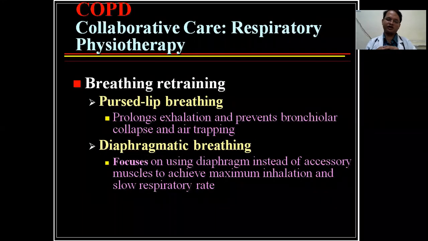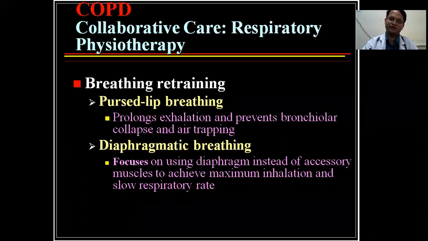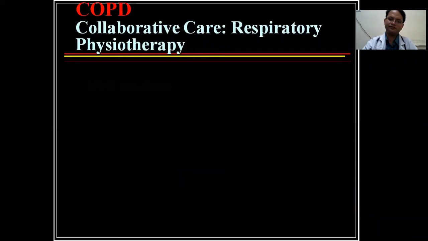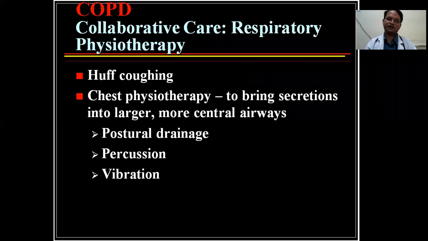Respiratory physiotherapy is of importance in these patients. Breathing retraining using pursed-lip breathing and diaphragmatic breathing, these two methods are important. Huff coughing and chest physiotherapy are used to bring the secretions into the larger and more central airways so that they can be expelled out.